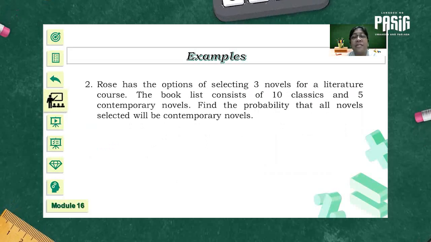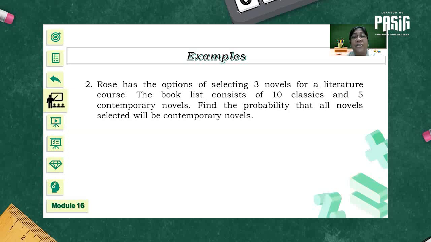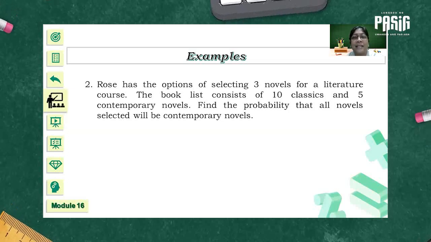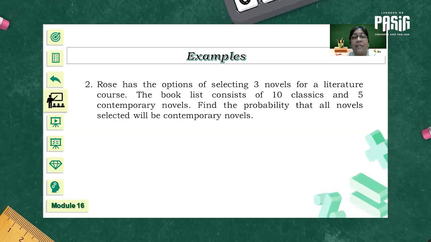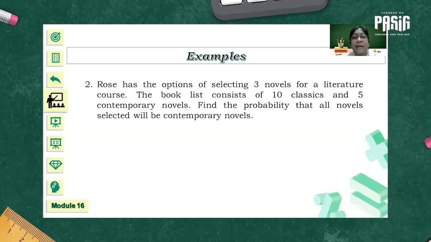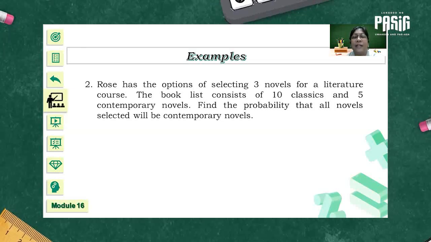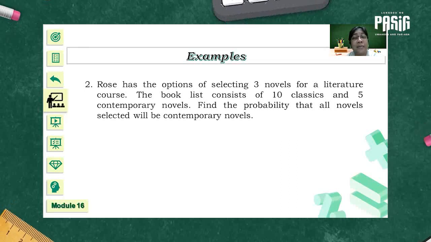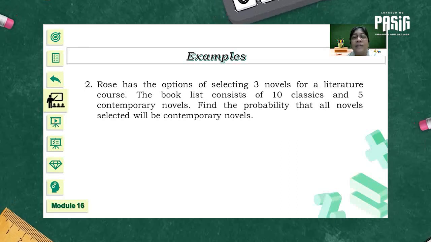Rose has the options of selecting 3 novels for a literature course. The book list consists of 10 classics and 5 contemporary novels. Find the probability that all novels selected will be contemporary novels. Let's think first. Is this a permutation or a combination?